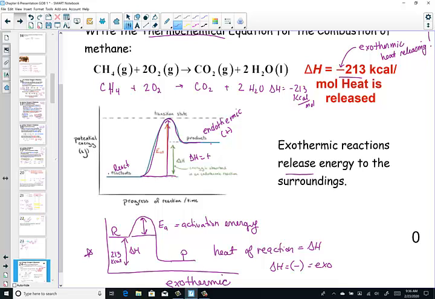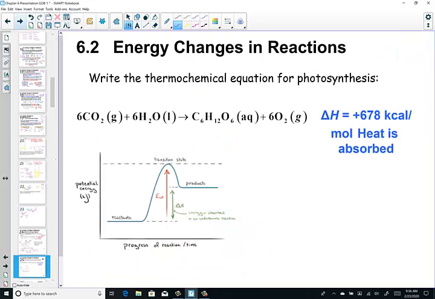Now if we consider this reaction, where carbon dioxide and water form glucose and oxygen, this is the thermochemical equation for photosynthesis. 6 moles of carbon dioxide in the gaseous form plus 6 moles of water in a liquid form react to form 1 molecule of glucose, C6H12O6, and 6 molecules of oxygen.